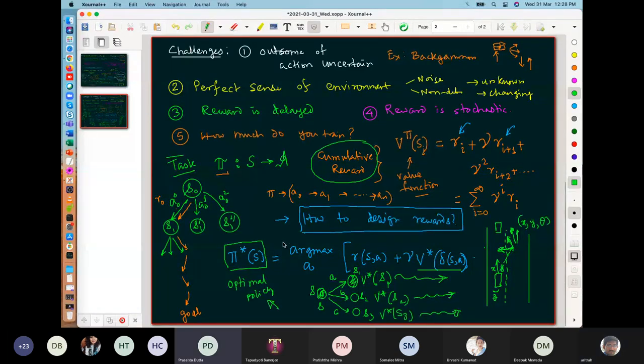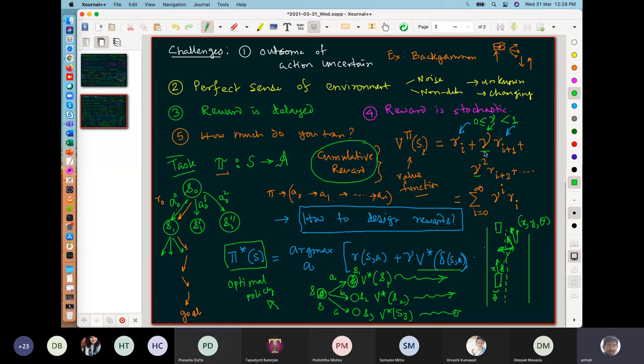Sir, you were saying that the process is a Markov decision process, but while designing V of Si, we are writing Ri plus gamma of Ri plus 1. Now gamma is a discount, and that's in my hand. It's a value greater than or equal to 0 and less than 1.